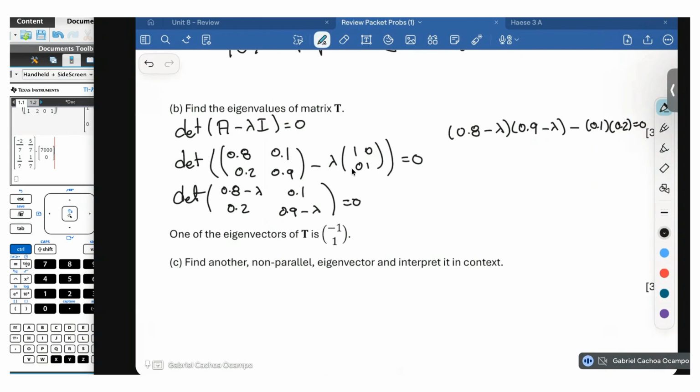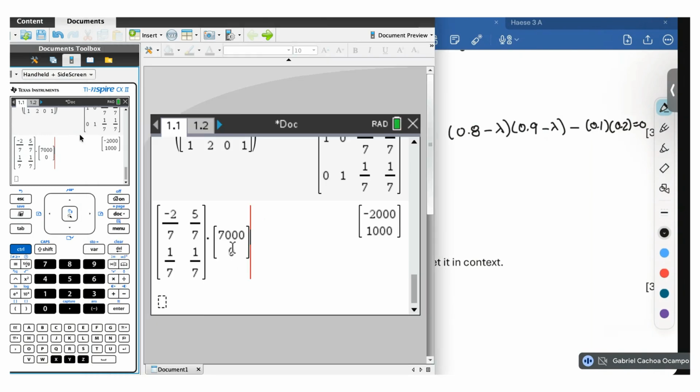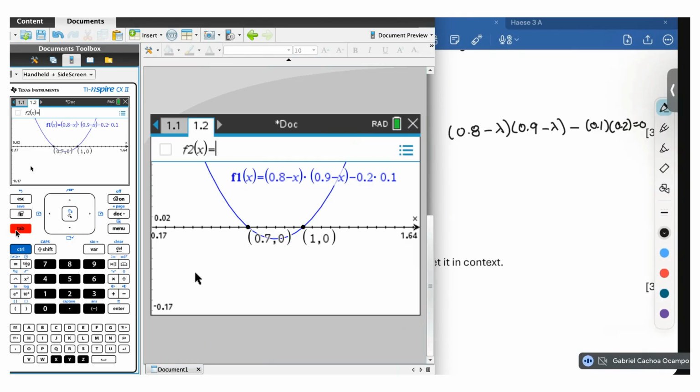And to solve this equation, it is a quadratic, so I'm just going to graph it. I already have my other graph from the last time that I did this, so let me just do it again. So it is 0.8 minus x times 0.9 minus x minus 0.1 times 0.2.